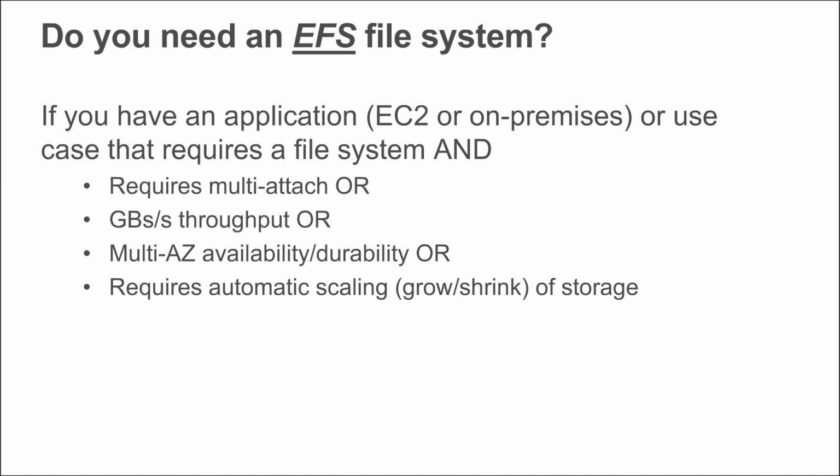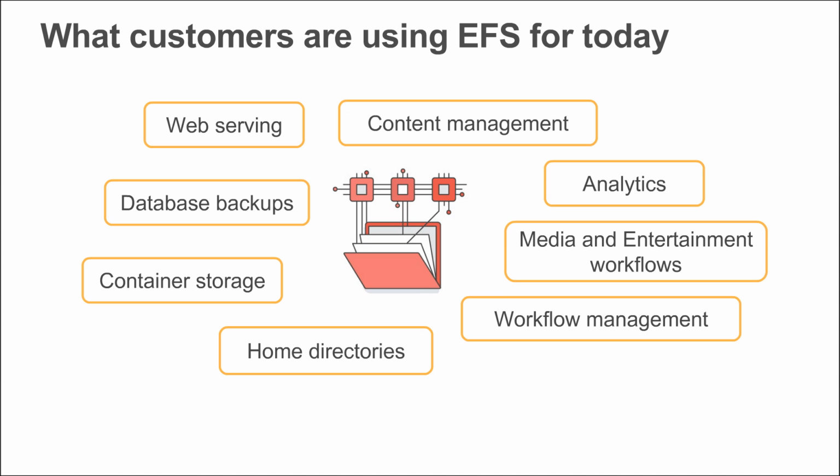If you have an application running on EC2 or on-prem, and I'll talk about the on-prem piece in a little bit, and you have a use case that requires a file system, and that file system either requires multi-attach, so access from more than one server or EC2 instance, or multiple gigabytes per second of throughput, or availability or durability across availability zones, or requires automatic scaling, so growing or shrinking of your storage, then you should really think about EFS and give it a try.